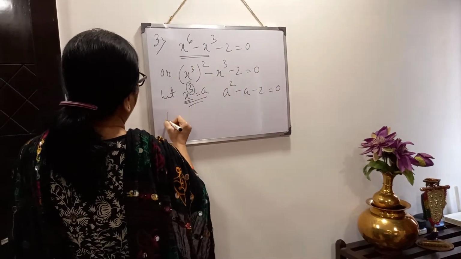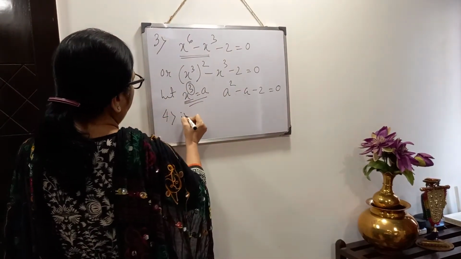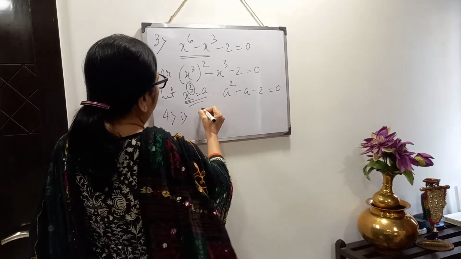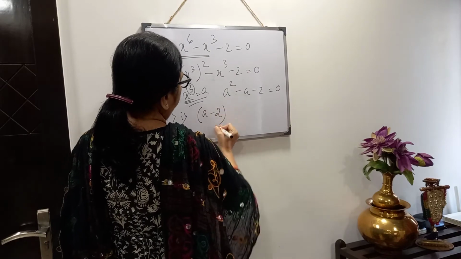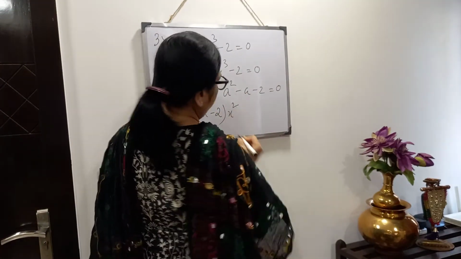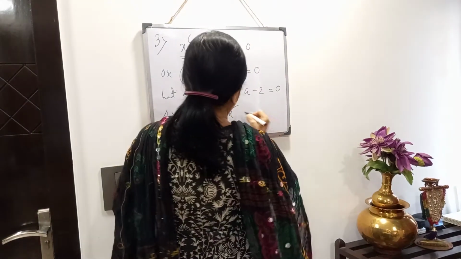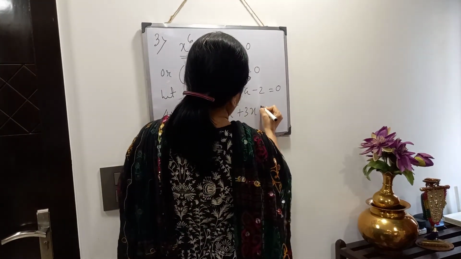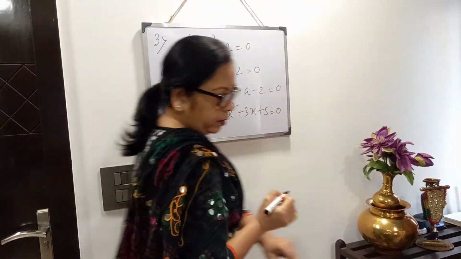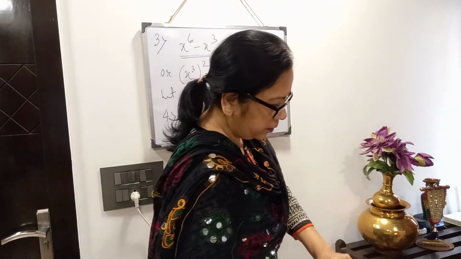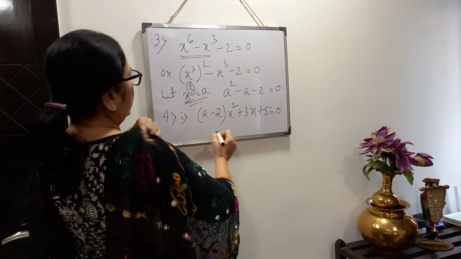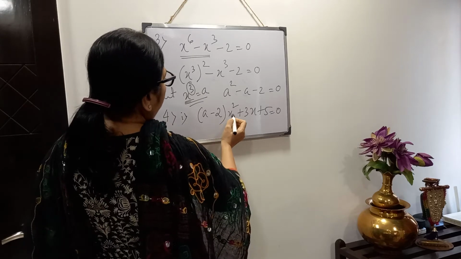Now number 4, part 1. You have to calculate the value of A. This comes in Madhyamik. In board exam it comes in the form of MCQ. Value of A for which this will not be a quadratic equation. What I have told?